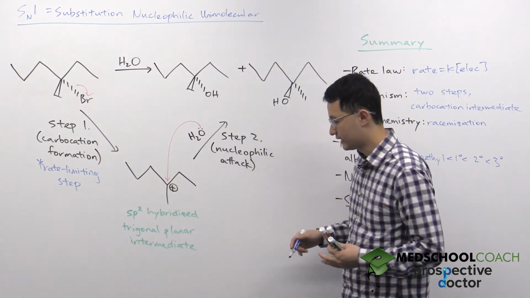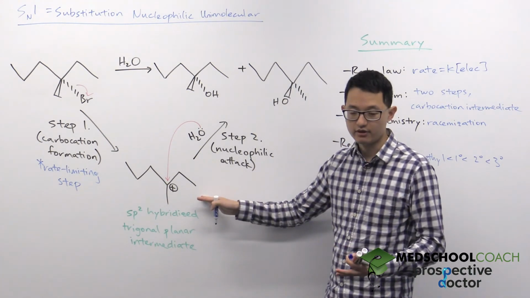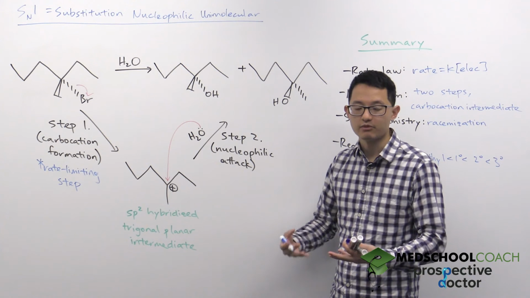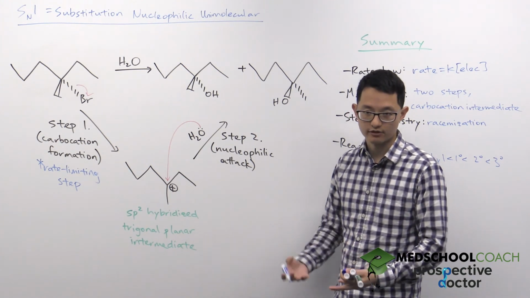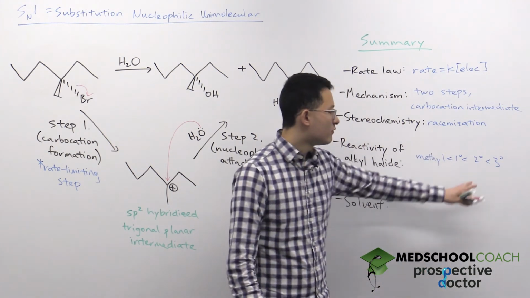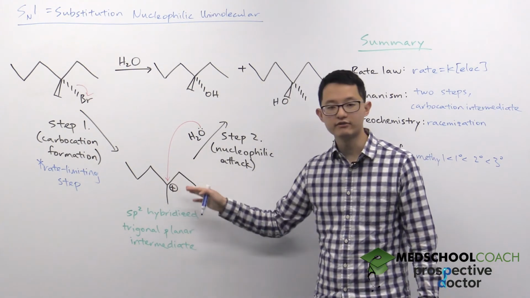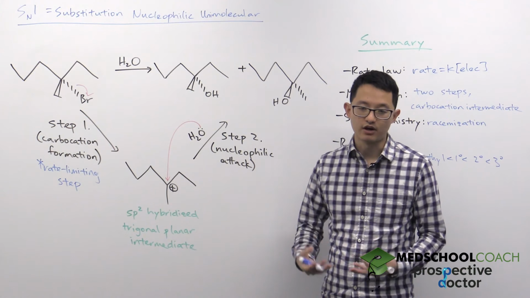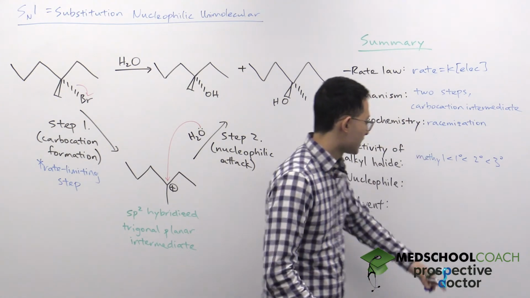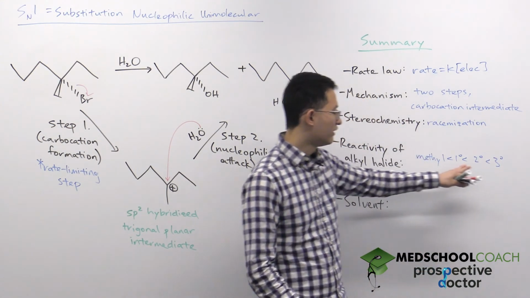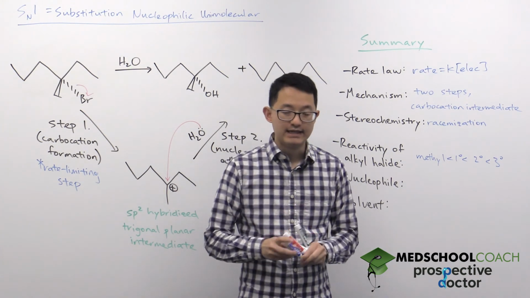The carbocation is not very stable, so the more stable the carbocation you can form, the faster the reaction. And the more substituted the carbocation, the more alkyl groups it's bound to, the more stable the carbocation that is formed. So that's why tertiary is the most favorable and methyl is the least.